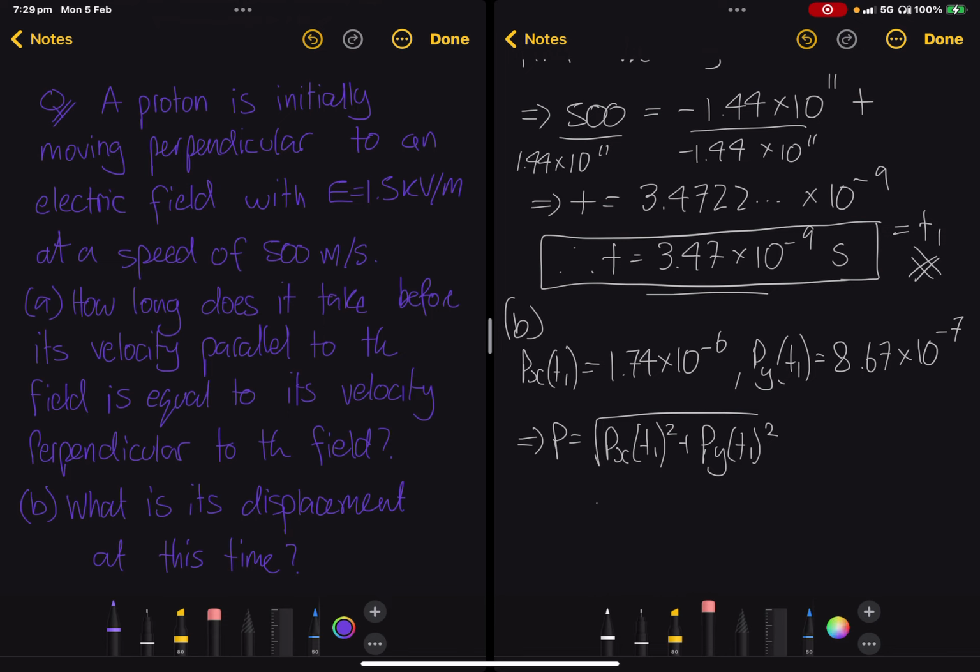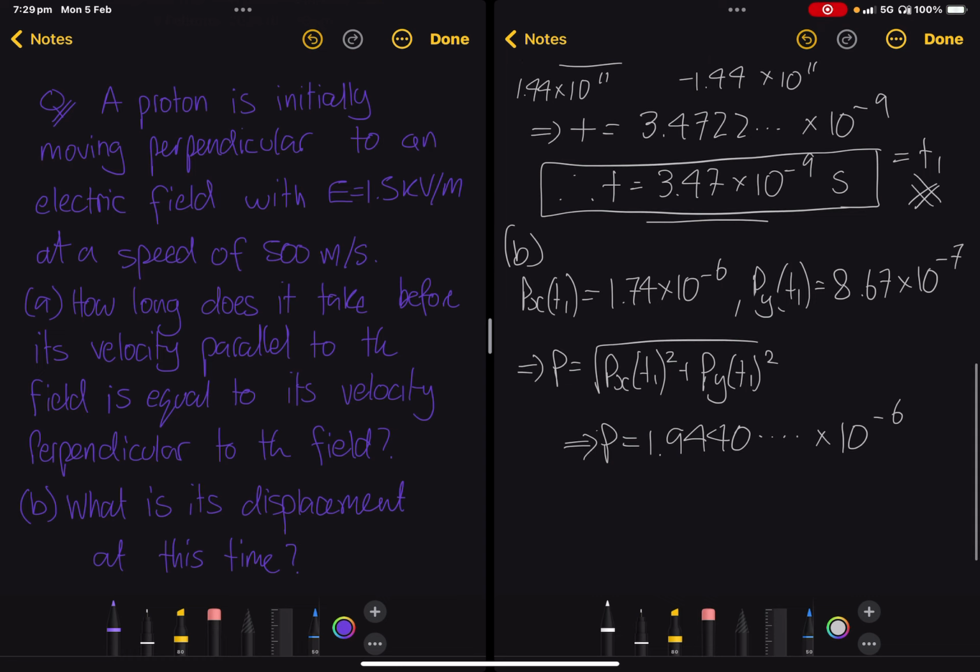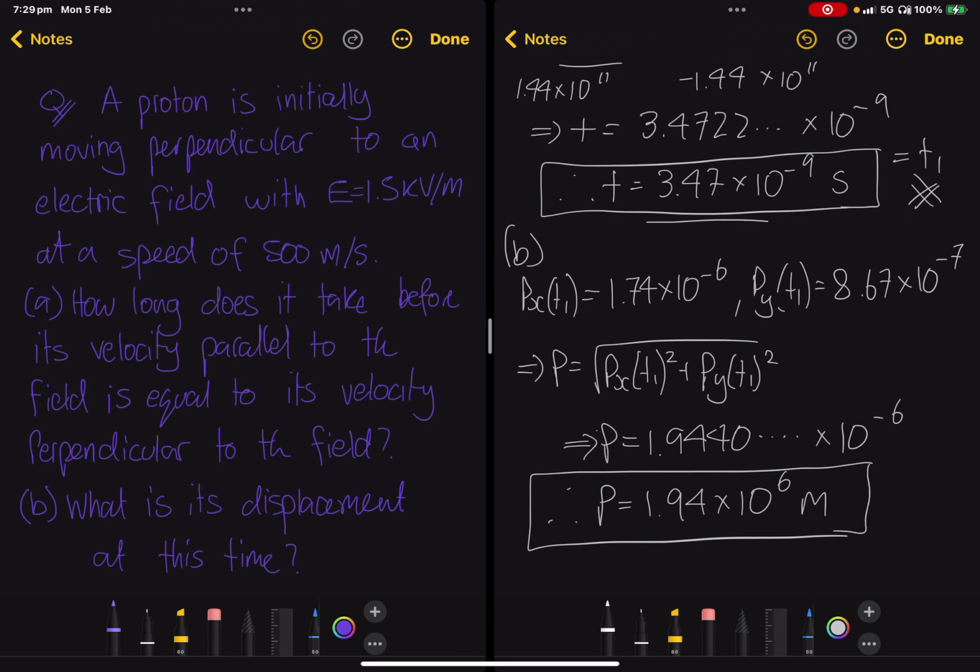So let's say P is 1.9440... times 10 to the minus 6. So therefore, what is the displacement? It's about 1.94 times 10 to the minus 6 meters. This is the answer we're after.